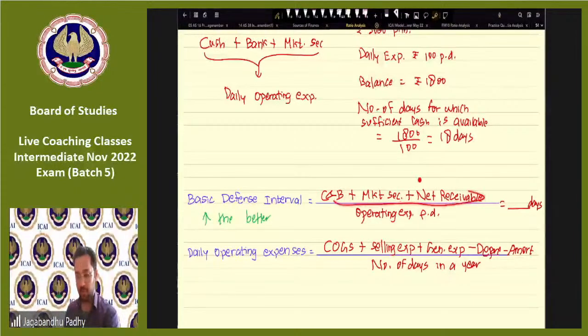When you include all of them, that's what you have as funds. And from that, you divide by operating expense per day, which will give you how many days of cash you have available at your disposal, right?